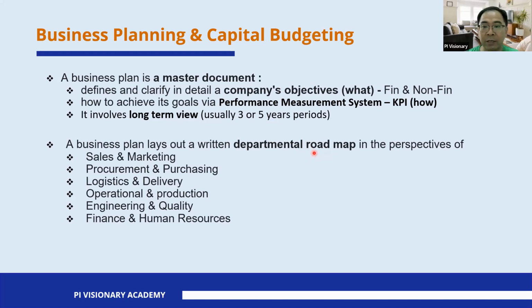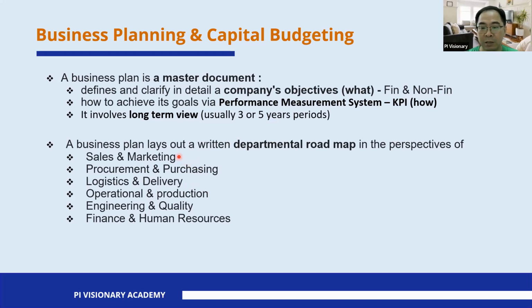And how to achieve the objective? Each of the departments needs to think of the action plan or strategy. How? Example, improve delivery time to the customer. Then you can get more sales. Improve the response time to the customer.